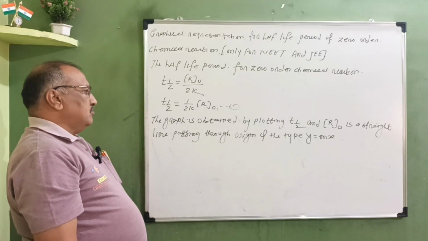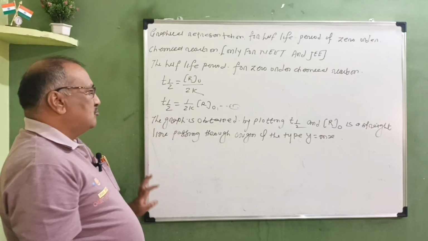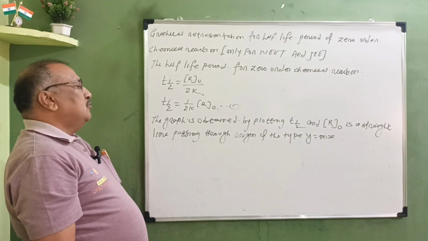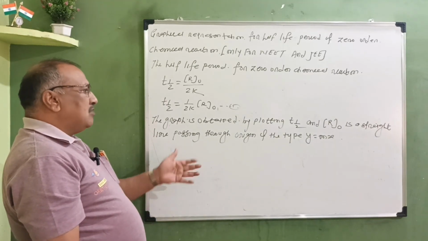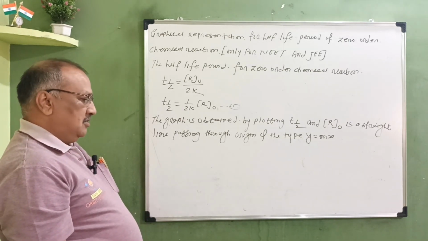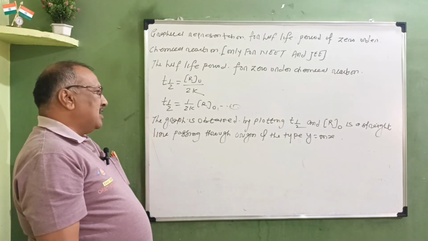Now, by comparing these two equations, you can easily find out what is the y coordinate, what is the x coordinate, and what is the slope of that line.